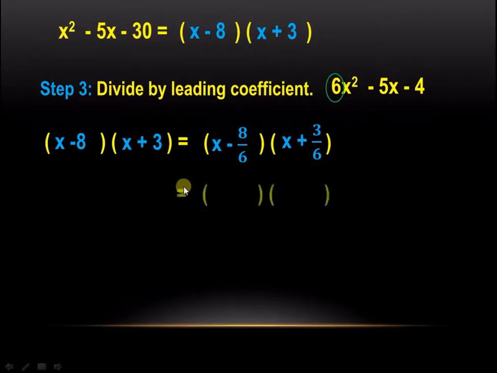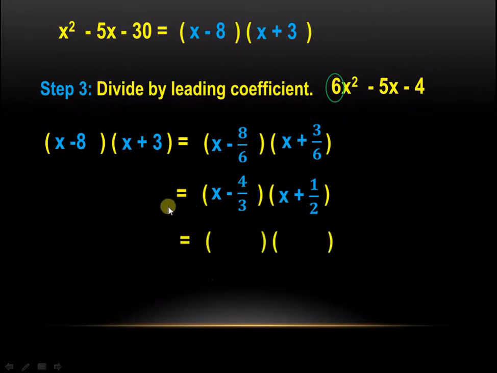So the simplified form of this is x minus 4 over 3, and this one is x plus 1 over 2. Remember, if we cannot simplify, all we need to do is to take the denominator and put it in front of the x.